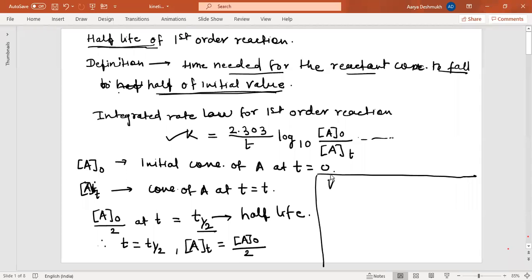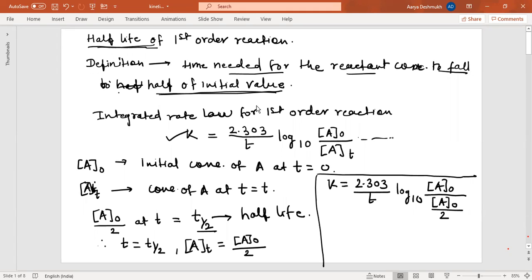So k will be equal to 2.303 divided by t, log to the base 10, initial concentration at t equal to 0 divided by initial concentration by 2. Means what did we do? We just replaced this quantity A_t by A_0 by 2, because we know that this is t equals t half, then A_t will be equal to initial concentration divided by 2. This we did according to the definition of the half-life, isn't it?